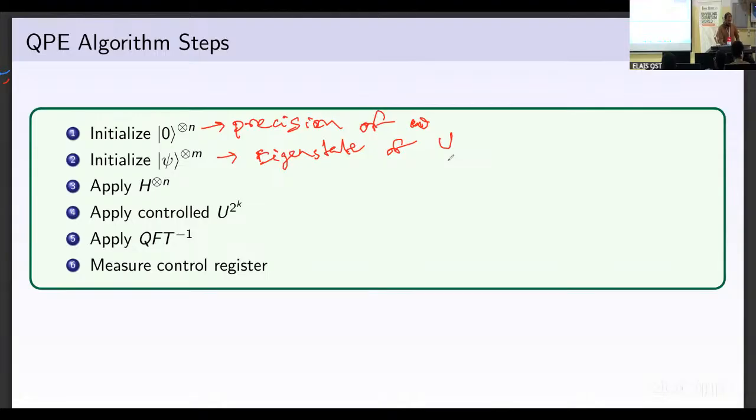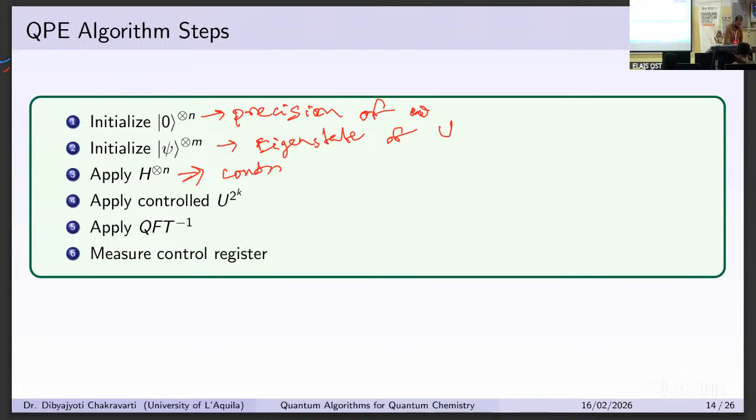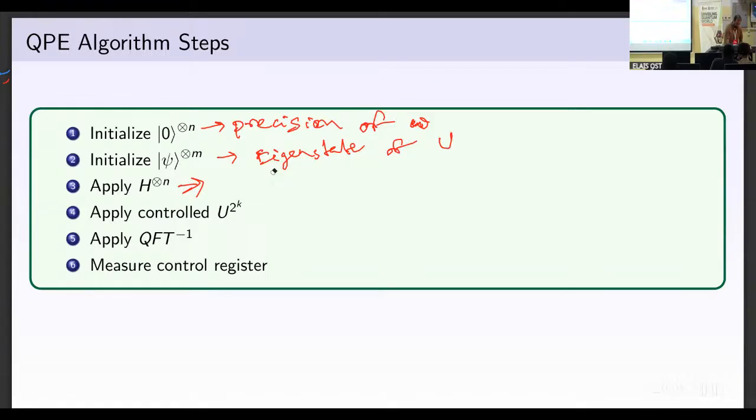We apply Hadamard to each of the control registers. By control, I mean the ancillary registers. Then we apply controlled unitary operations.